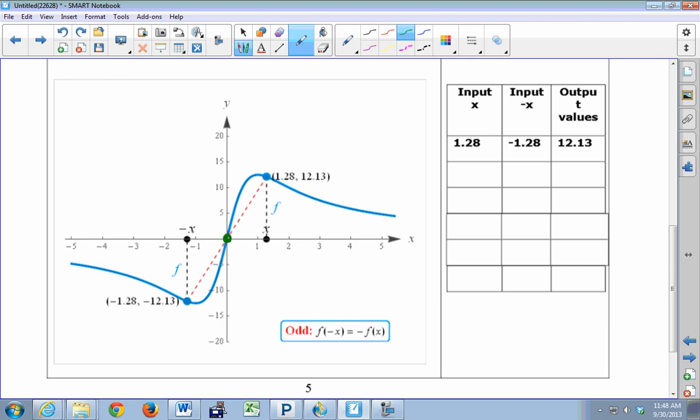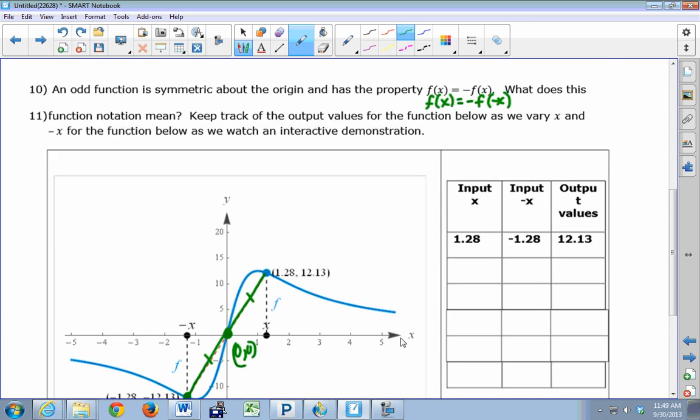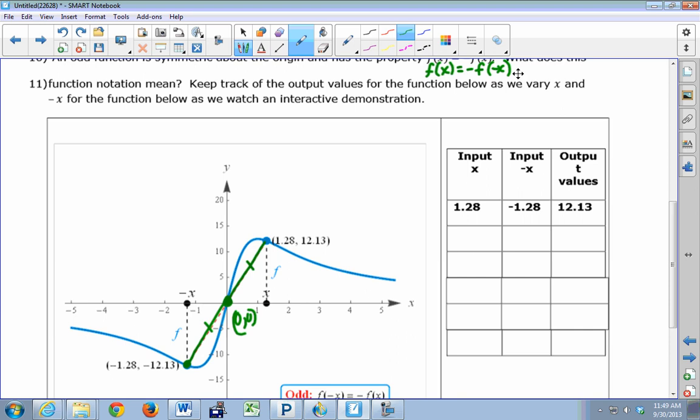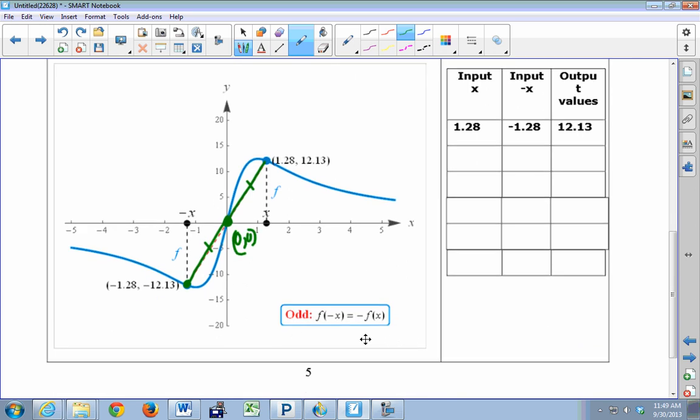Notice now you're symmetric about this point right here, 0, 0, which tells you the distance from this point to 0 is exactly the same as the distance from this point to 0. So you have opposite outputs for opposite inputs. And this is how we write it. f of negative x equals the opposite of f of x. Either one of these is fine, but this is the official one. They always start with the opposite: f of negative x equals the opposite of f of x.